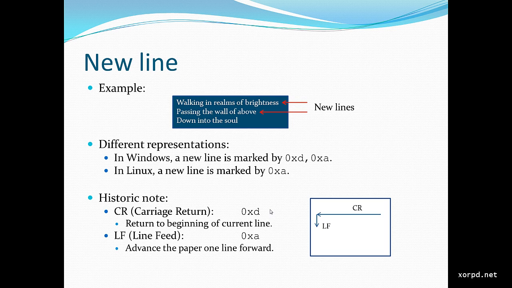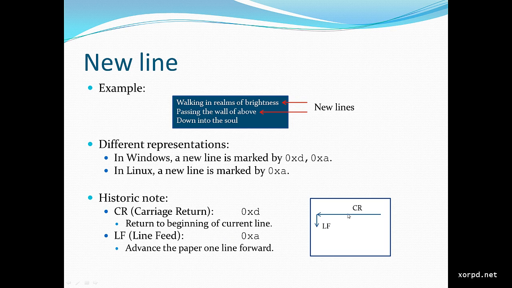It had directions for the remote printer about how to print the data. So, D means carriage return, or CR. It means return to the beginning of the current line. It is a command for a printer. And LF, or line feed, which is A, means advance the paper one line forward.